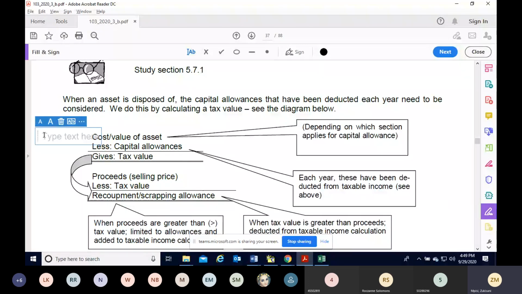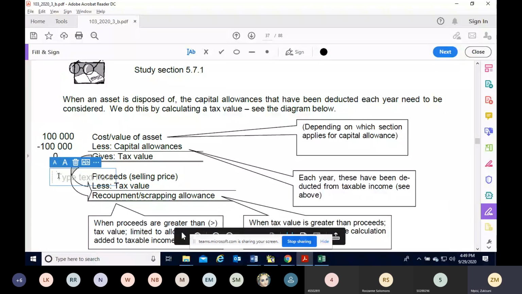So I just want to come here so that we have more space. Then it's going to be less 100,000, and then it gives you a tax value, and your tax value is going to be nil. The proceeds in this case are going to be nil. The tax value is going to be nil.